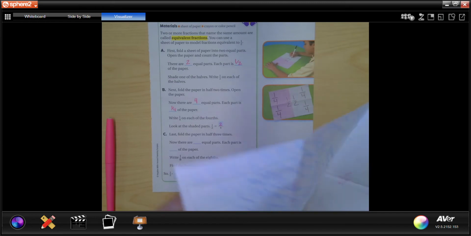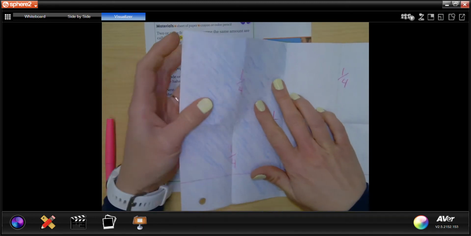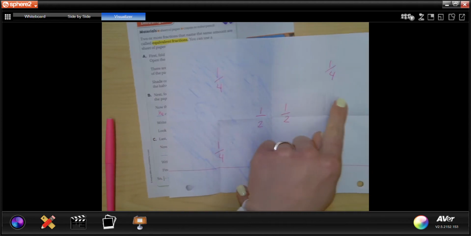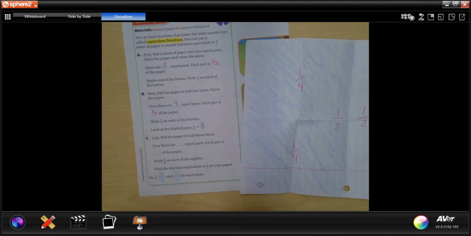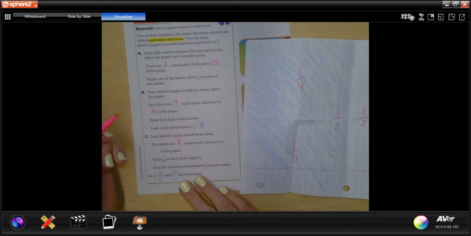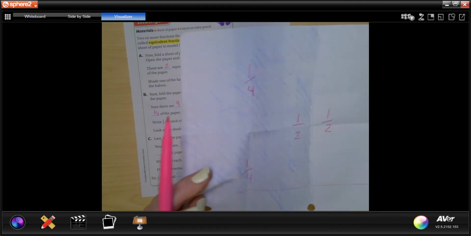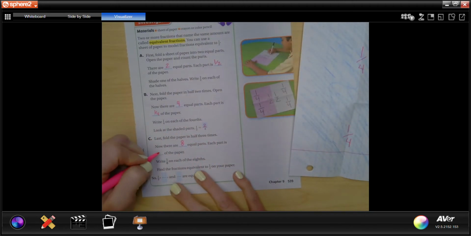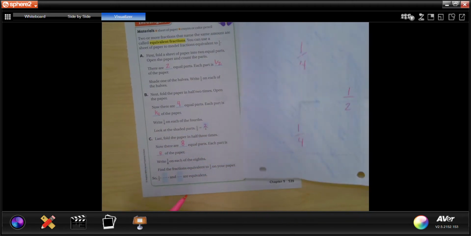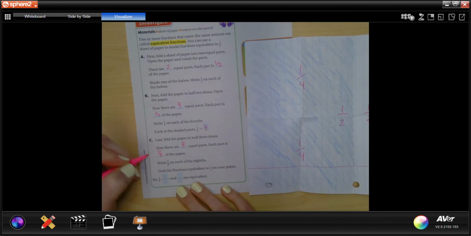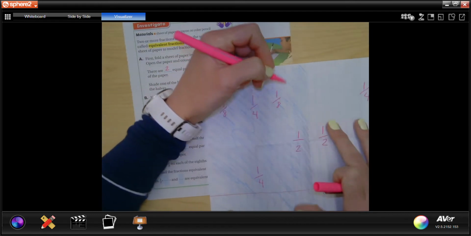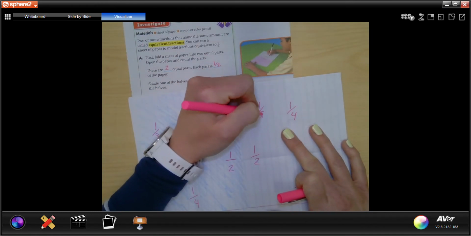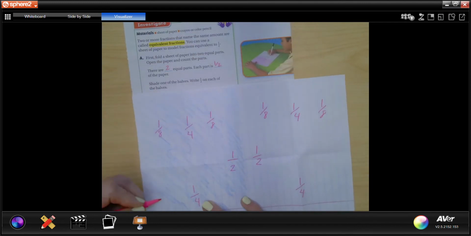Now there are 1, 2, 3, 4, 5, 6, 7, 8 equal parts, which means 8 is our amount of unit fractions in this whole, so our denominator is 8, so each part is 1/8 of the paper. Now we're going to write 1/8 on each equal piece.